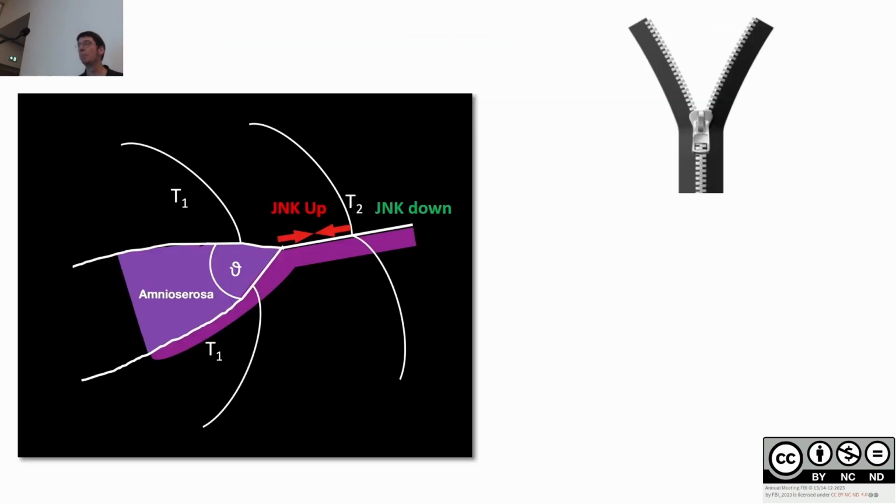So this is controlled by JNK. We believe this is mechanosensitive. We have some evidence that it is, but I will not go more into that, for the maintenance of this tissue. So basically what I told you is that this amnioserosa contracts, and this generates a force that reduces the angle and allows the zipping to progress.